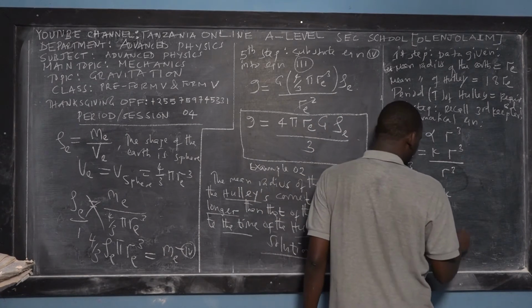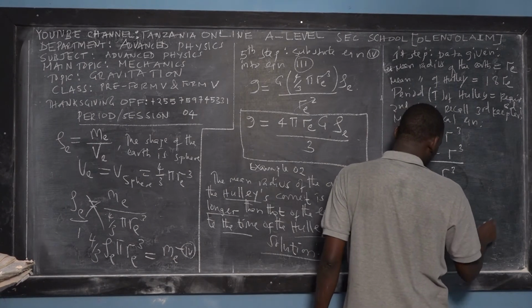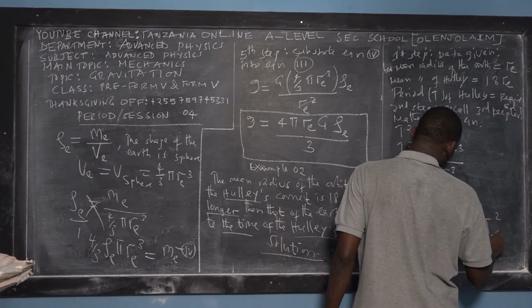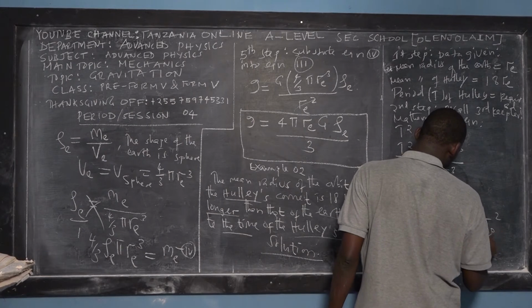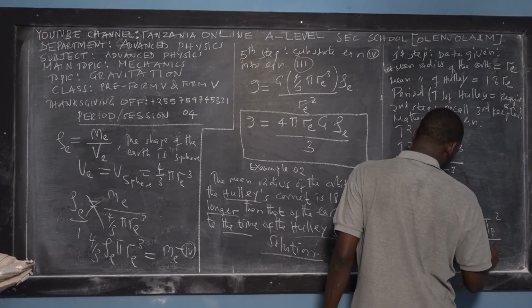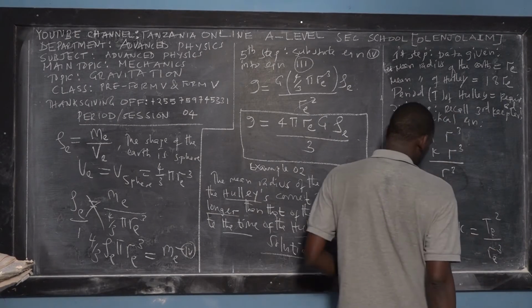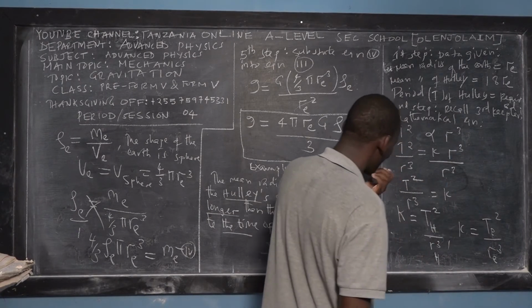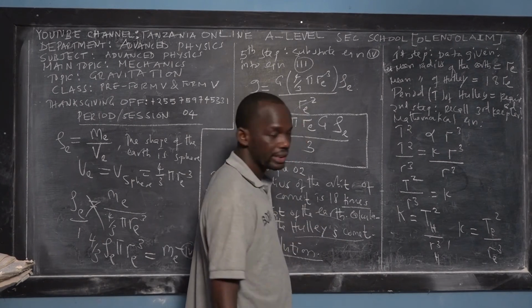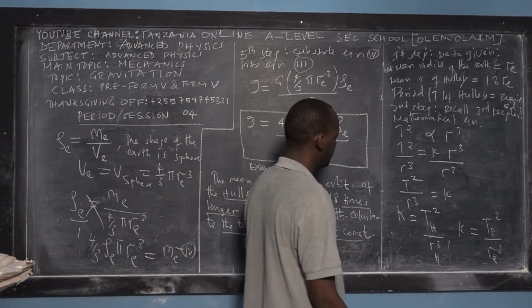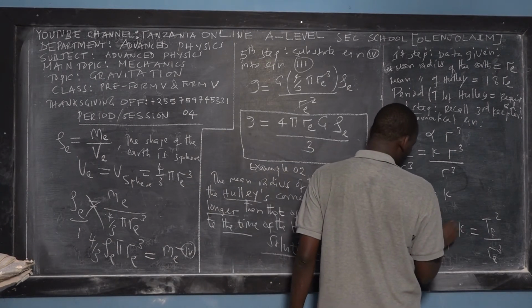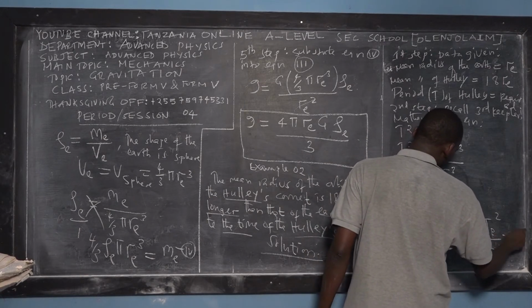And also you can calculate the value of K by taking the period of the S squared over the radius of the S cubed. Okay? So if this is the case, we say that this is equation 1 and this is equation 2.